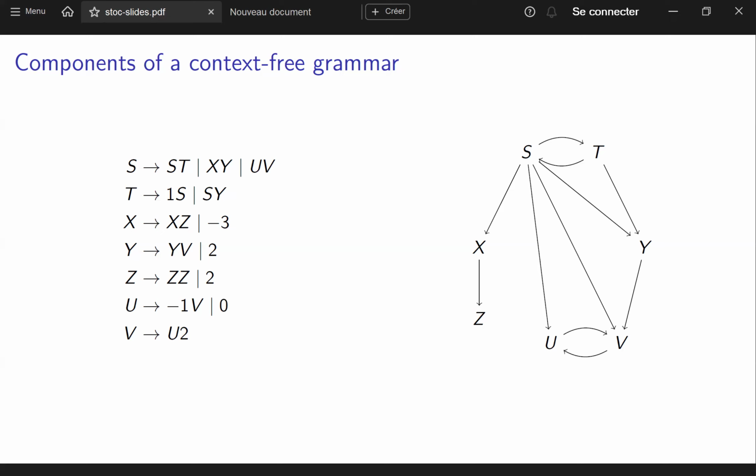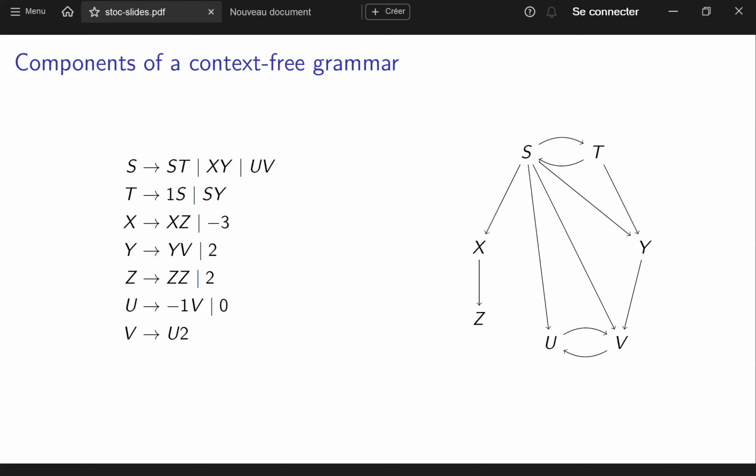First, we define a notion of components of a grammar VAS. Actually, the definition makes sense for any context-free grammar. We consider the graph whose vertices are the non-terminals and where there's an edge from X to Y if there's a production rule with X on the left and Y somewhere on the right.